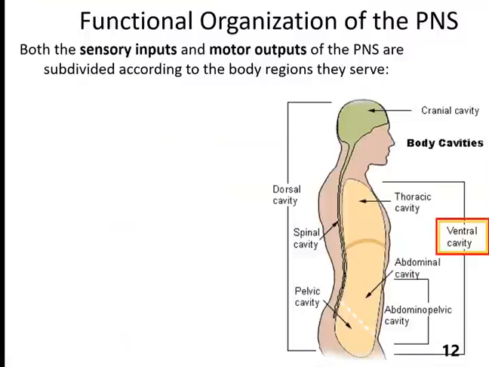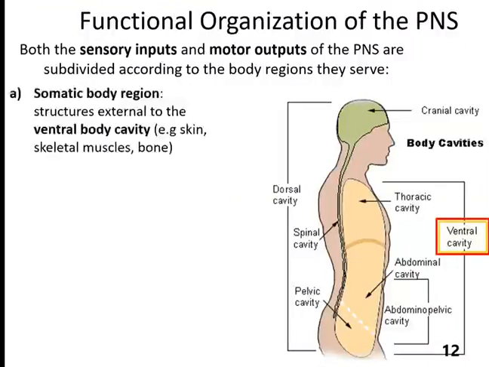One of the things you'll notice in that previous slide are the words somatic and visceral. And somatic and visceral we haven't really talked about. They mostly refer to body regions.